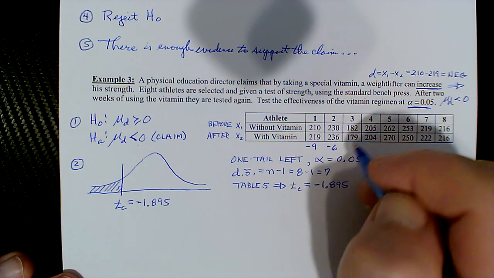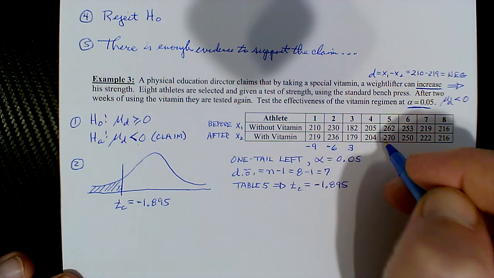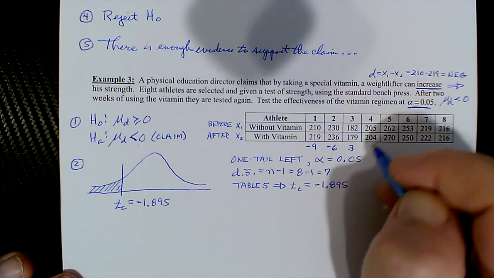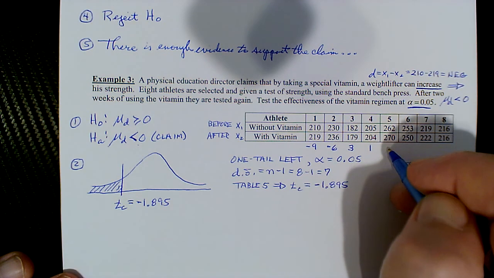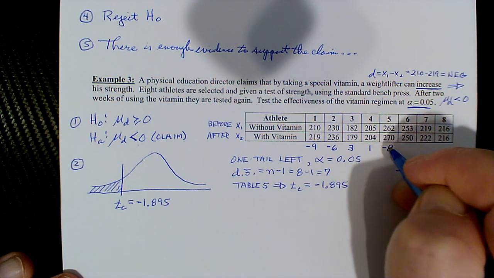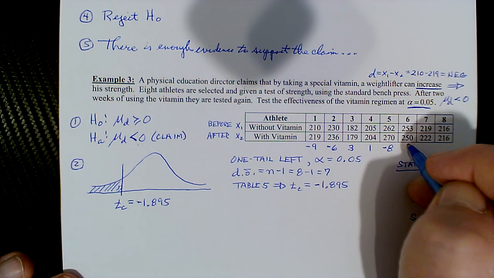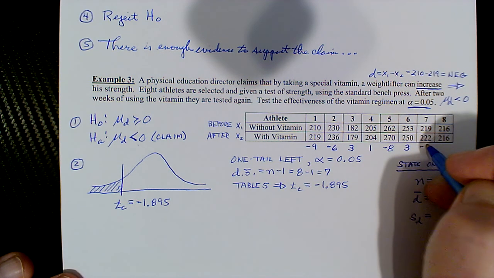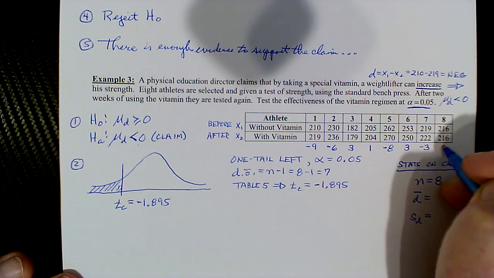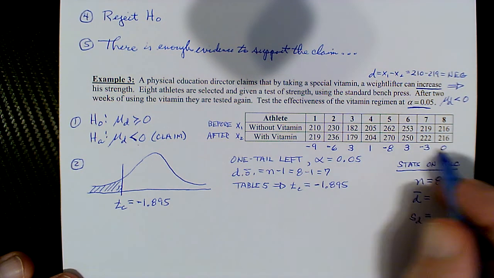182 minus 179, a positive 3. 205 minus 204, positive 1. 262 minus 270, a negative 8. Continuing, positive 3. Negative 3. And a 0. So those are the values we enter, the differences.